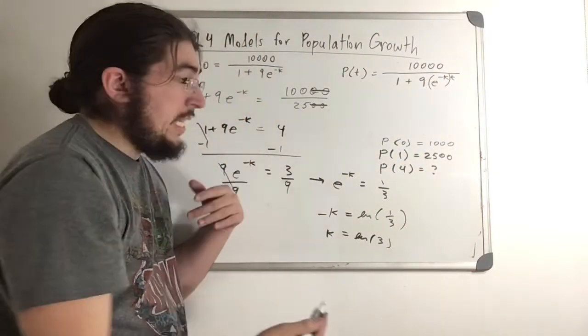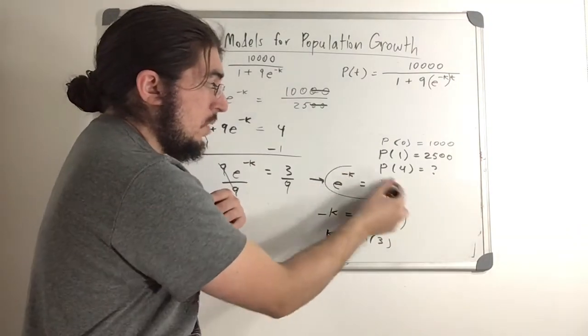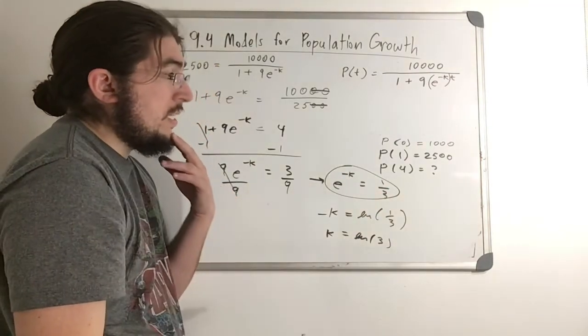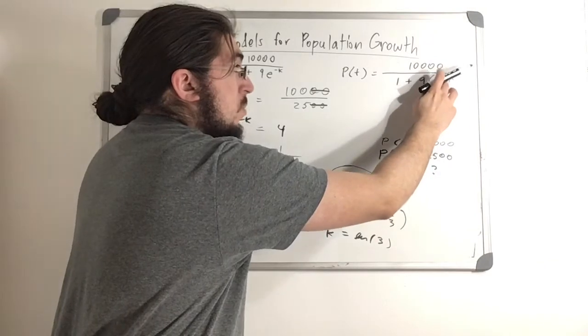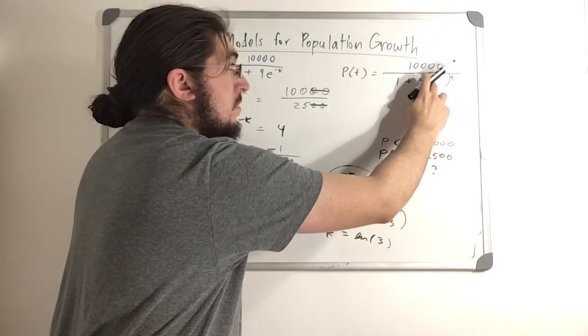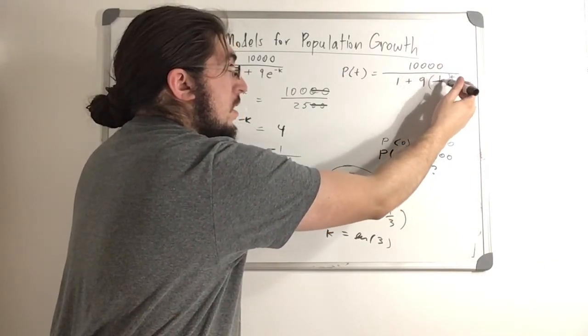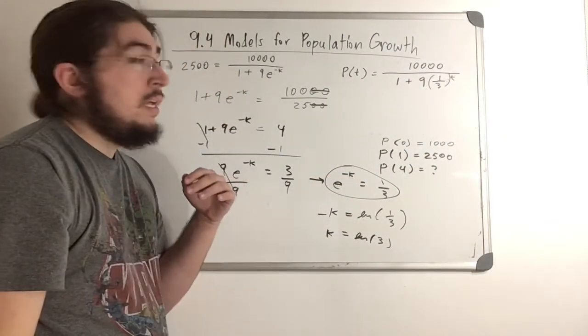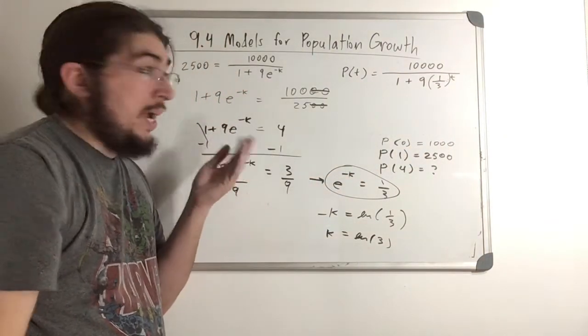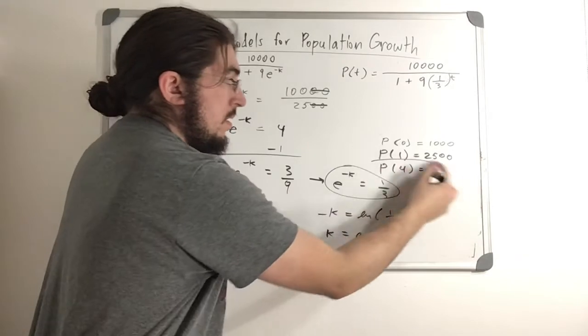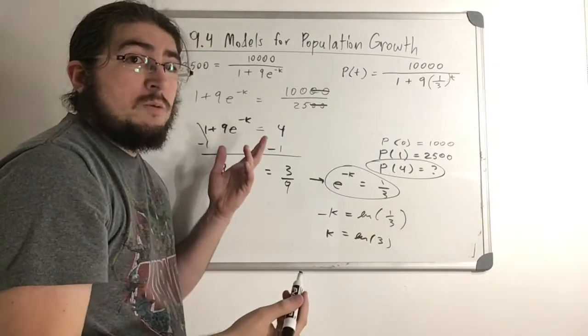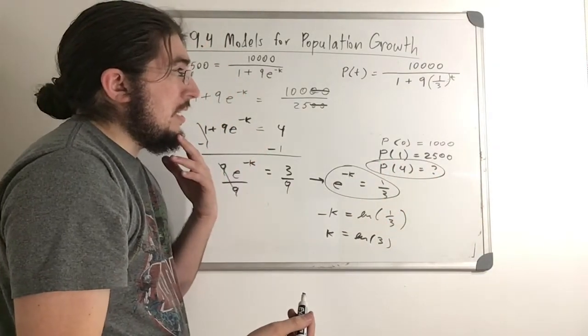Since we know e to the negative k is 1/3, really what we're going to get is 1/3 to the t. Just like that. And now, what are we trying to find? We're trying to find P of 4. So we're going to plug in t equals 4, and let's see what we get.